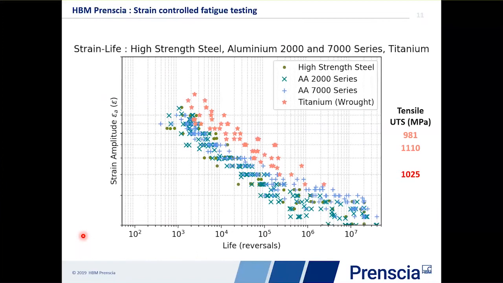So in terms of UTS, we were expecting similar results to what we see for the titanium wrought. And those two initial tests based on selective laser melting came down here. So they were considerably further down, a lot less fatigue capable than the wrought materials.